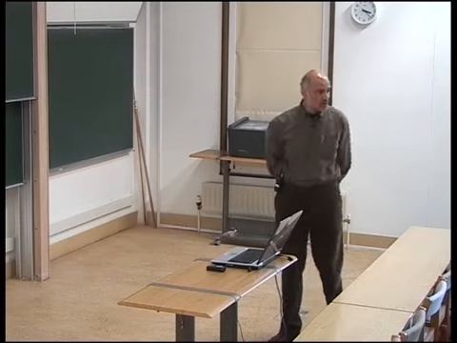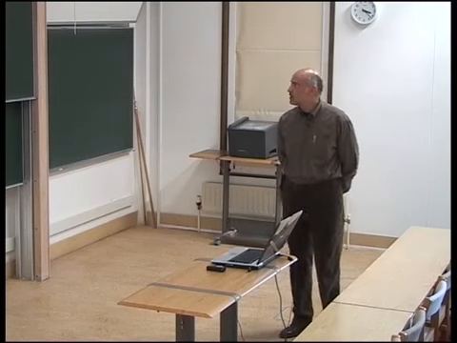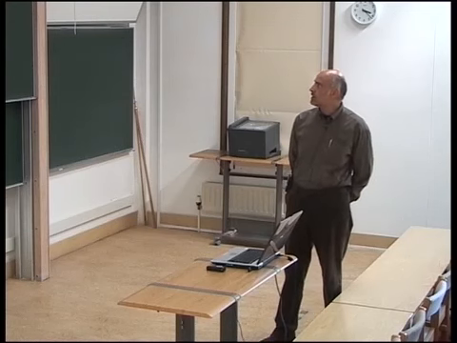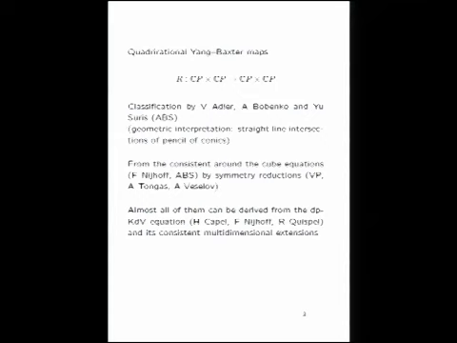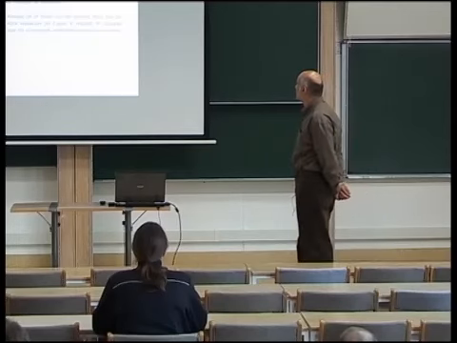Tassos Tongas talked about this some weeks ago: from the consistent around the cube partial difference equations, by considering Lie point symmetries, you go to some other variables that are assigned on the edges, and you get that picture there. You get coupled Yang-Baxter maps that are equivalent to your original partial difference equation.